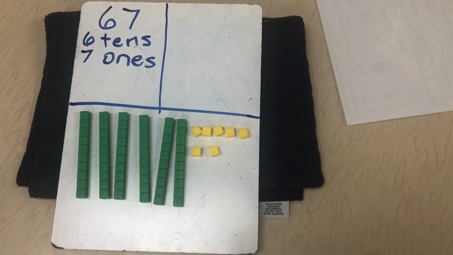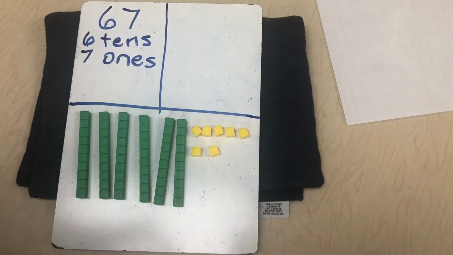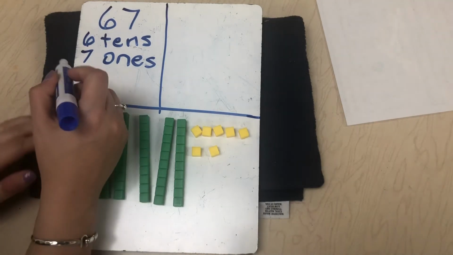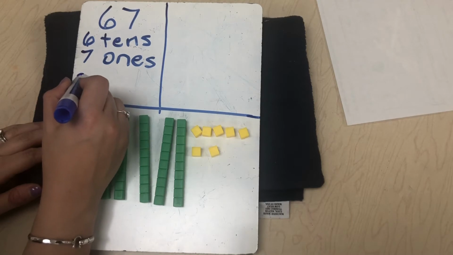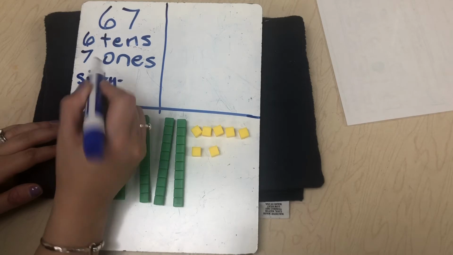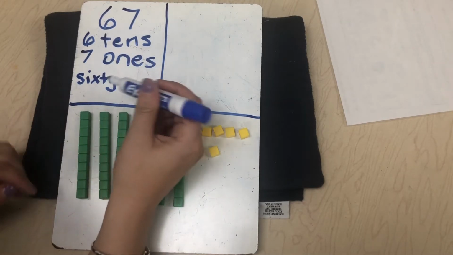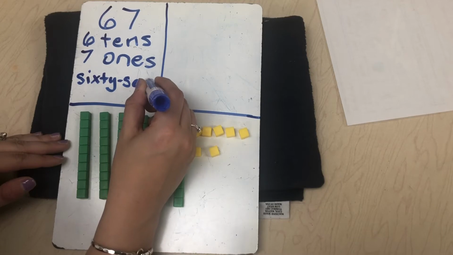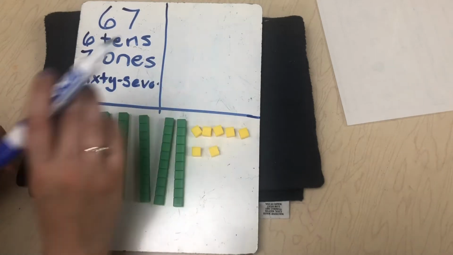Now we are going to spell the number 67. So you want to emphasize, what does 60 start with? It has that S sound. 60, dash, and then 7. Ooh, I'm writing that too small.